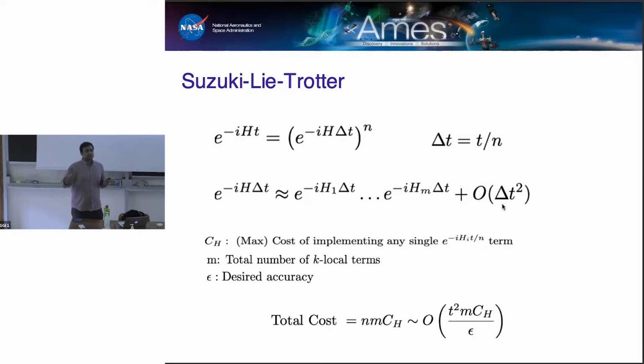If I want t squared over n to be epsilon, then n is t squared over epsilon. And so that's why I get this counting where the total cost scales quadratically in t, linearly in the total number of terms, and as one over the target approximation.